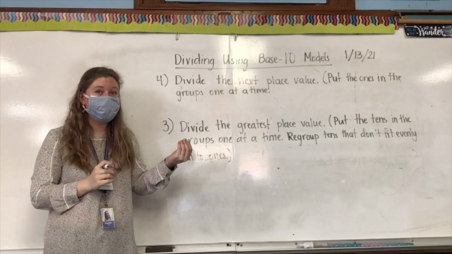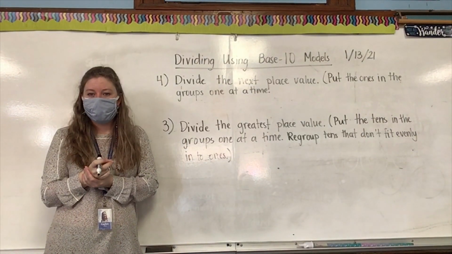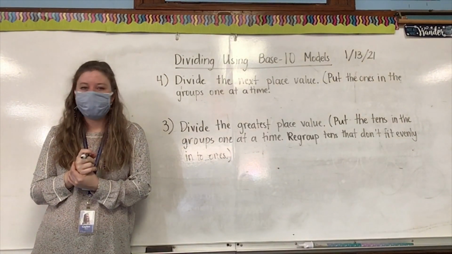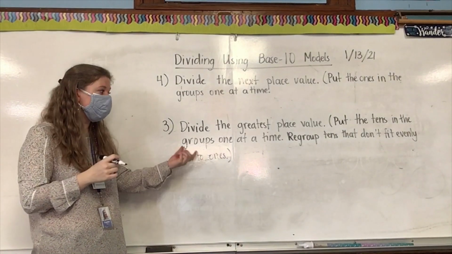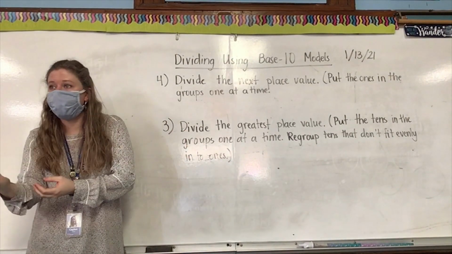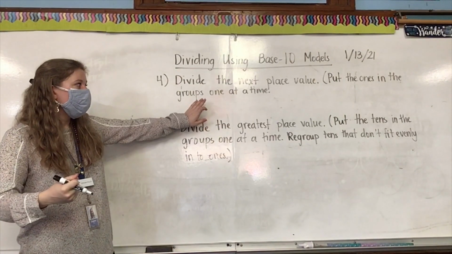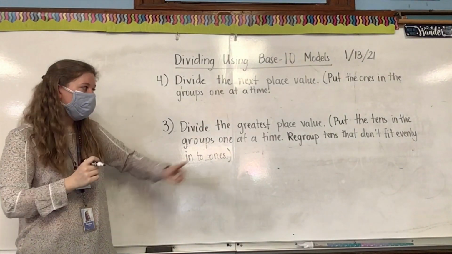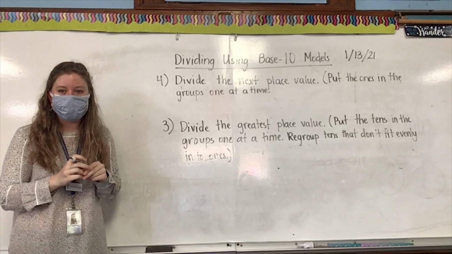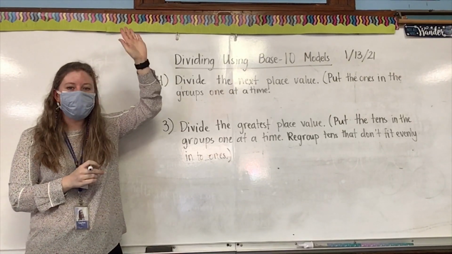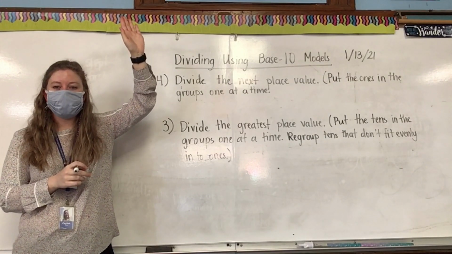No, we can take tens and turn them into 10 ones. Do we know a smaller place value than ones? No. So we can't take 1 one and turn it into 10 of a smaller place value because we don't know what that is. What do we have to do if the ones don't fit evenly?